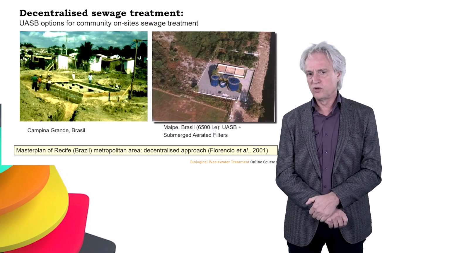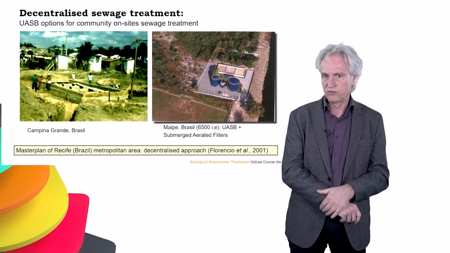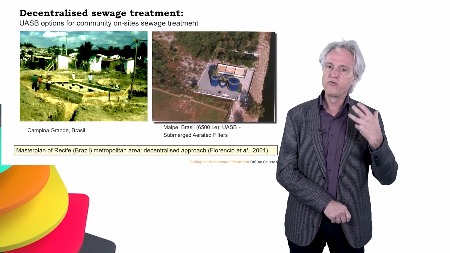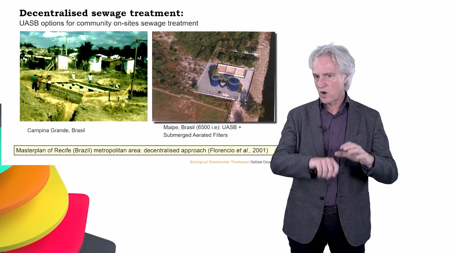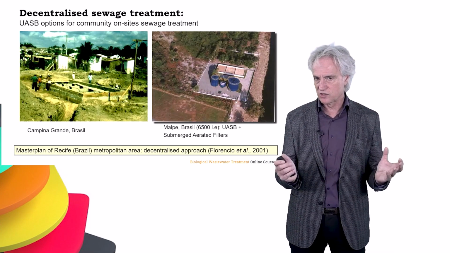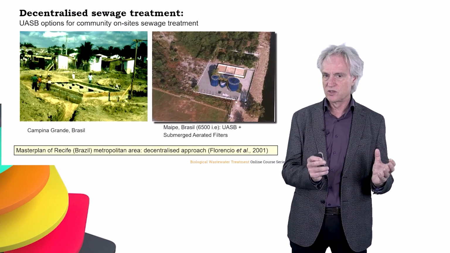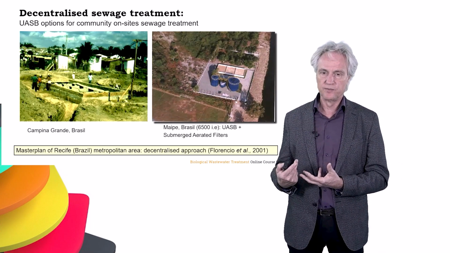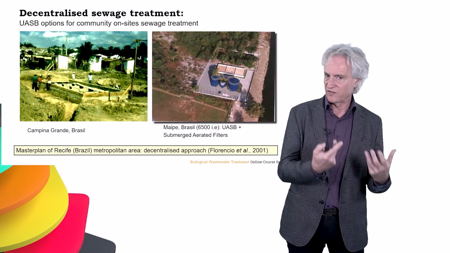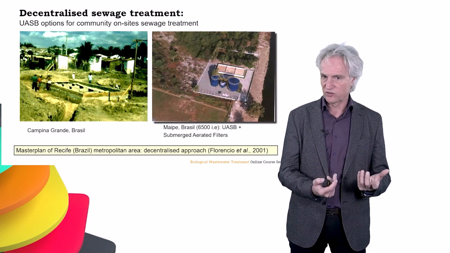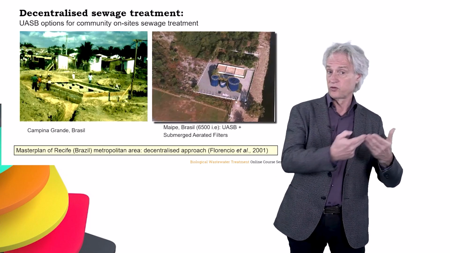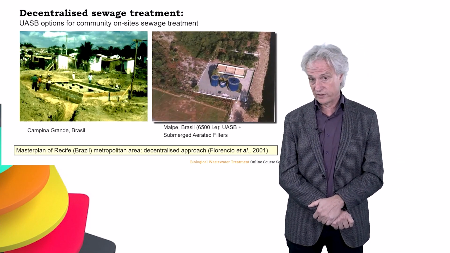Do note that in Brazil, in the city of Recife, a policy was adopted to go for decentralized approaches rather than the construction of trunk sewers with large pumping systems to carry the wastewater from one part of the city to another part of the city. Instead of pumping stations, decentralized treatments were proposed, among which trickling filters, but also several USB reactors were installed.